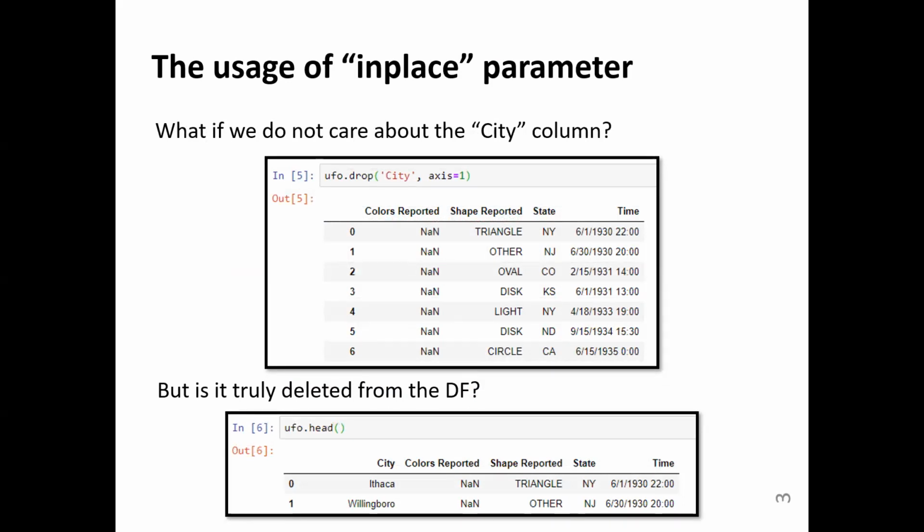Imagine that we don't want to have city. We don't want to have column name city. If you just say drop city, comma, axis equal to 1, is it going to apply instantly, yes or no? How do you know that? It's not gonna change the original.